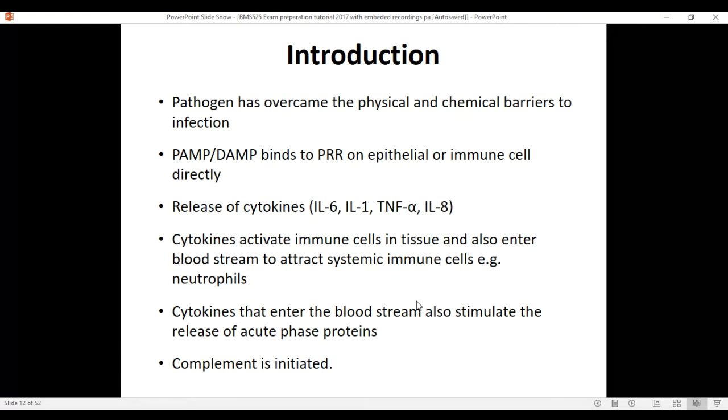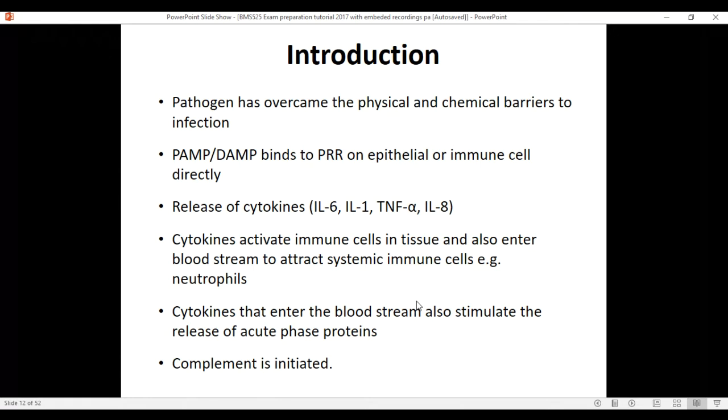So what happens when the PAMPs bind to the pattern recognition receptors on our cells is that it causes our cells to start releasing cytokines. And in releasing cytokines, that's the first step of making our body aware that we have an infection. Because cytokines are essentially communication messages to our body to try to get the right immune cell to the right site of infection to eradicate the infection.